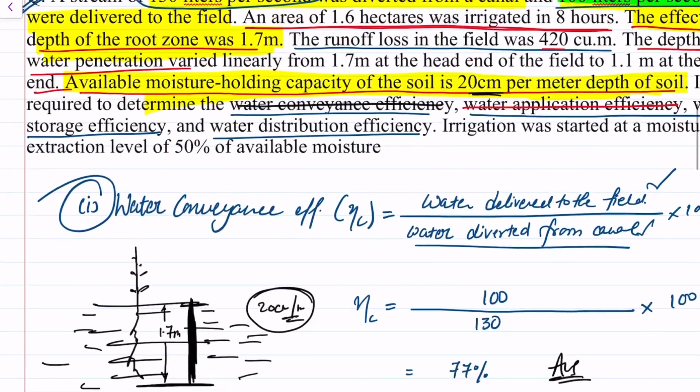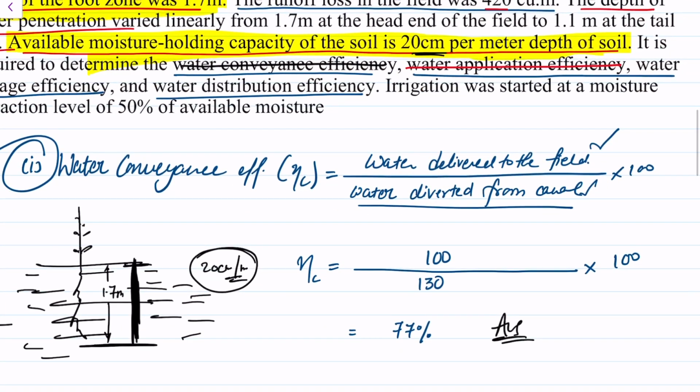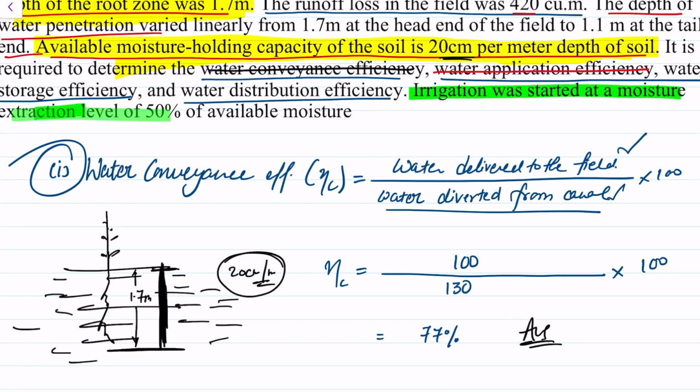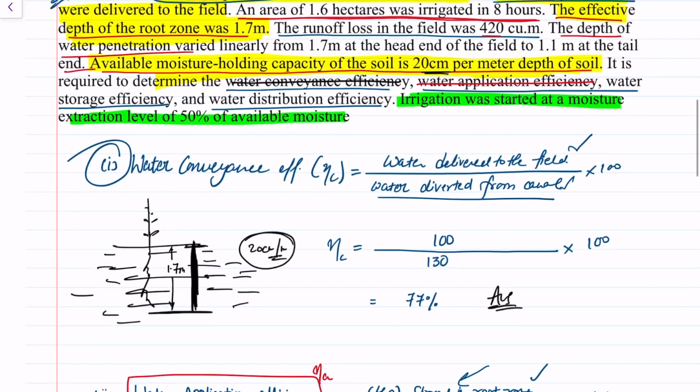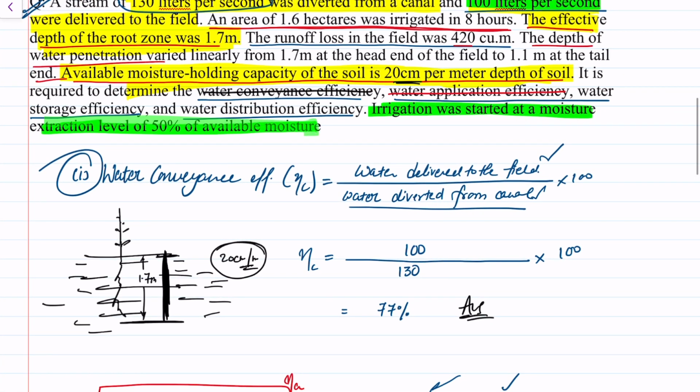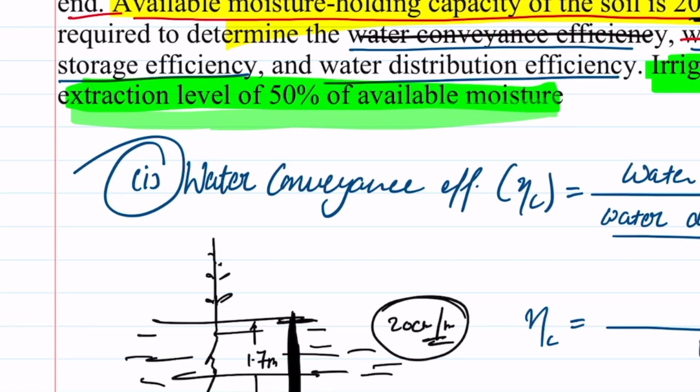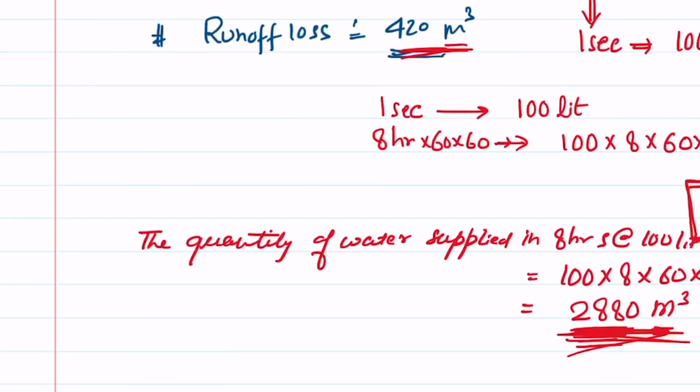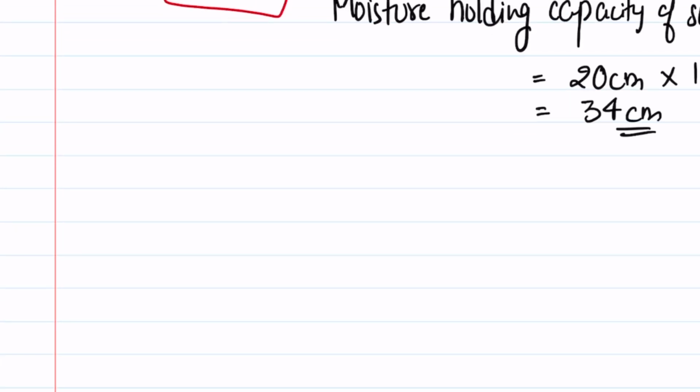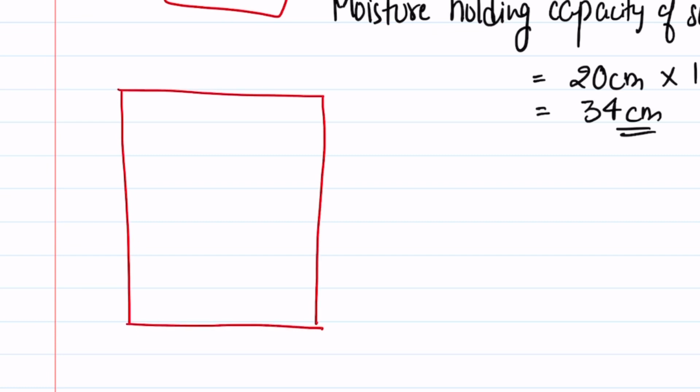Then we have been given another piece of information: the irrigation was started at a moisture extraction level of 50% of the available moisture. What does this term mean? Let's say this is a depth of soil, and we have the field capacity here.